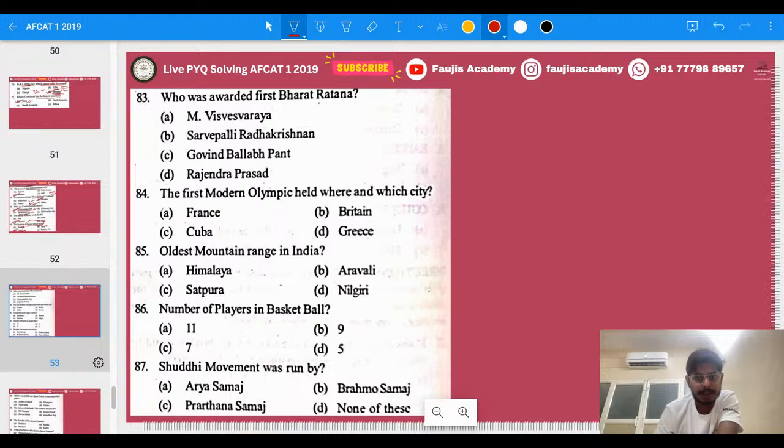81C, yes, that's correct. 83B, yes, Sarvepalli Radhakrishnan, that's correct. Apart from him, Sir C.V. Raman and Chakravarti Rajagopalachari also received the Bharat Ratna. Sarvepalli Radhakrishnan was the first vice president of India, and later on he also went on to become the president of India.